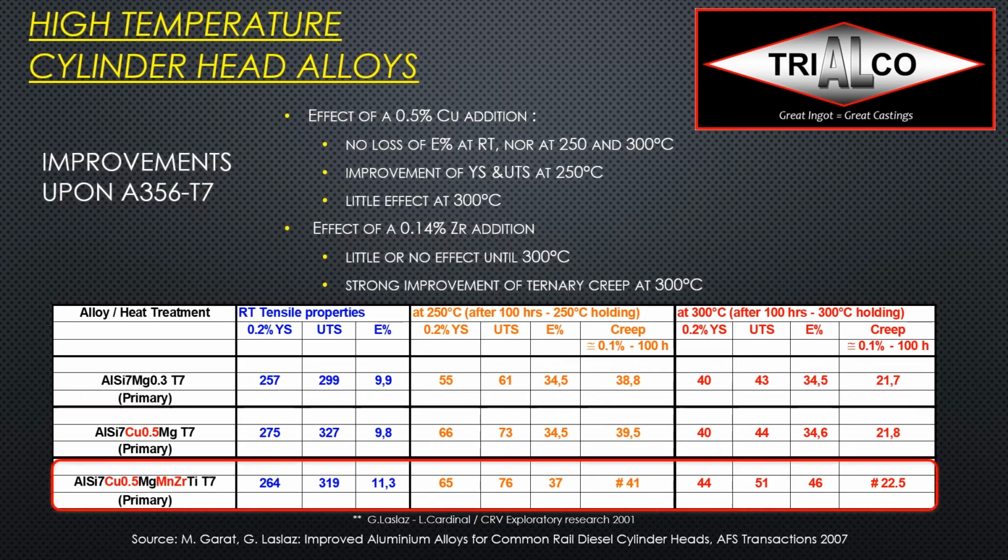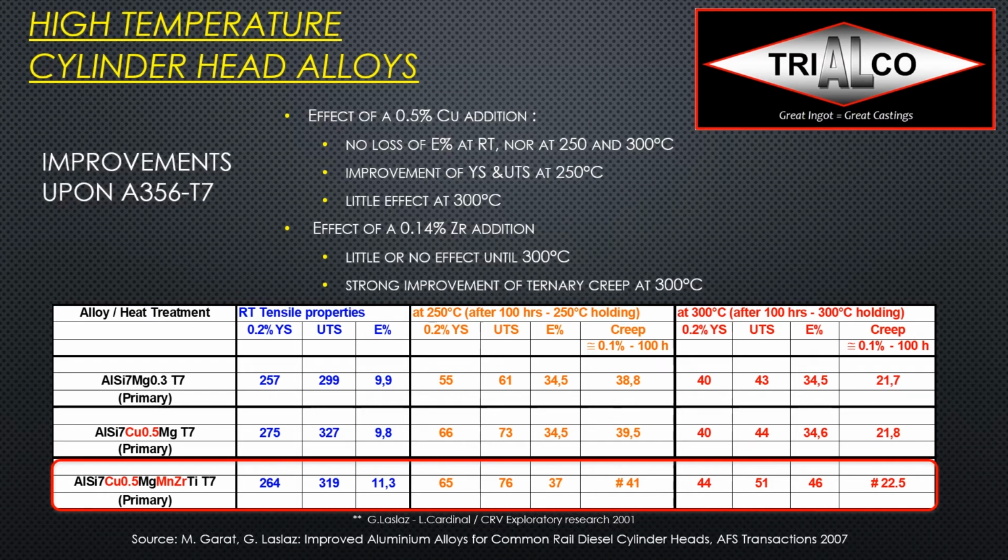And in this case, we use zirconium, and the manganese is in there because it actually enhances the effect of zirconium. So we still have the 0.5 copper in there, still the A356 as the base matrix alloy. So our room temperature properties, no surprise, are pretty much the same as we had before with regular A356 or the one with the 0.5 copper in there.